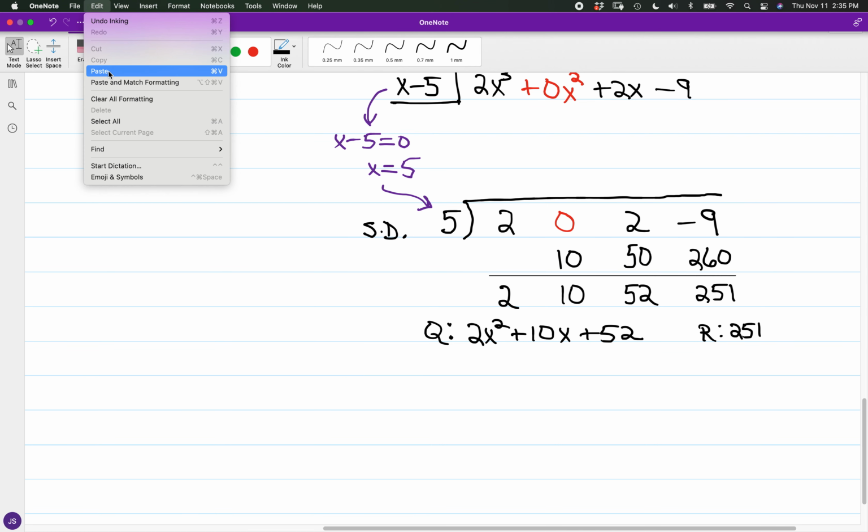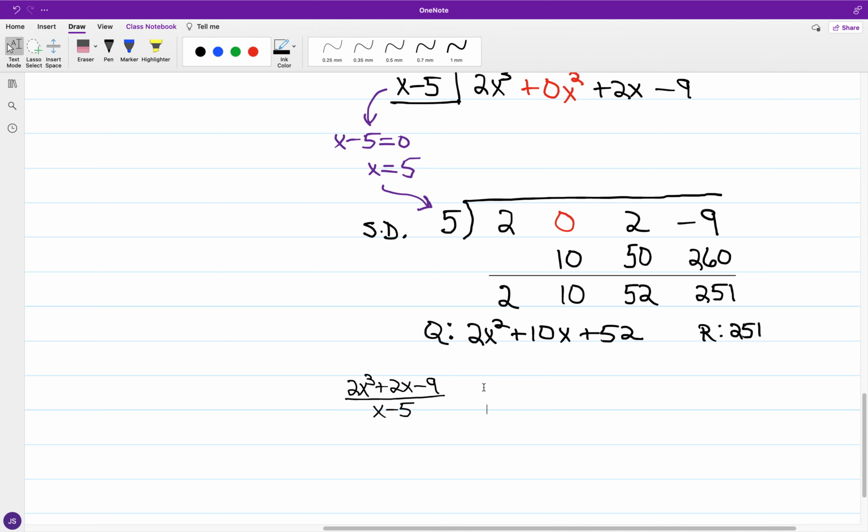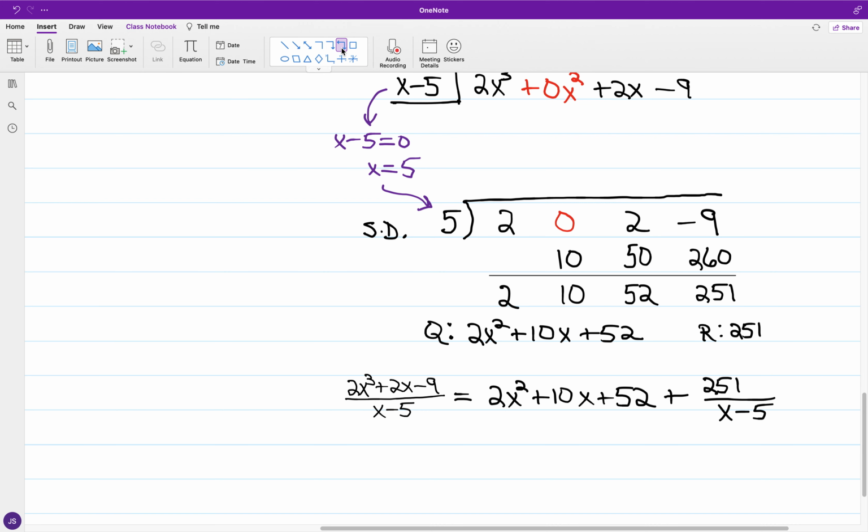So you got 2x cubed plus 2x minus 9 over x minus 5 is going to be equal to 2x squared plus 10x plus 52, and you have plus 251, all over x minus 5.